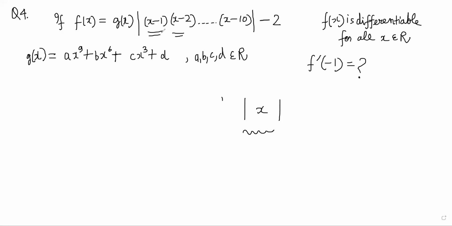Same at 1 and 2 and all of these points. So there is a sharp turn in the curve, so it is a point of non-differentiability. So how can the whole function be differentiable if there are points of non-differentiability here? That is what you have to think about.